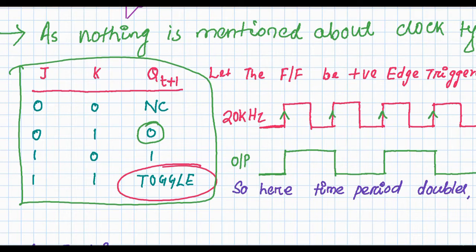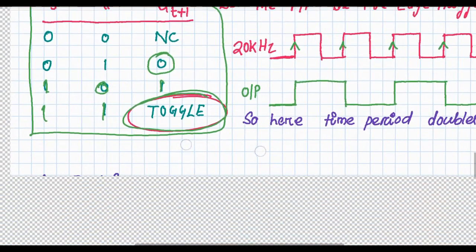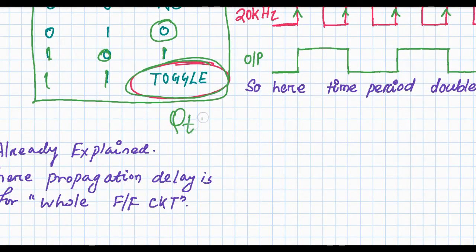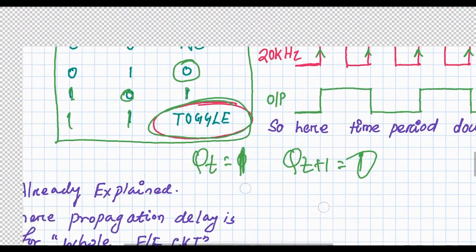For 1 and 0 this will be 1, and for 1 1 this is toggle. If Q(t) is 0, Q(t+1) will be 1, and if it is 1, then it will be 0. Toggle will occur.